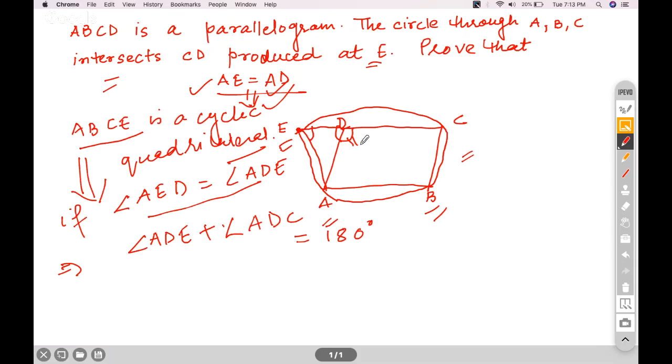Now this angle ADC is equal to this angle because in a parallelogram opposite angles are equal. So angle ADE plus angle ABC is equal to 180 degrees.